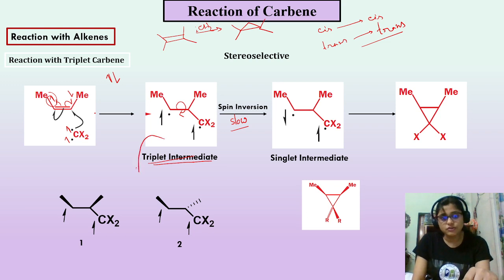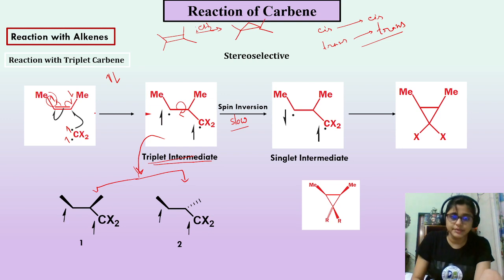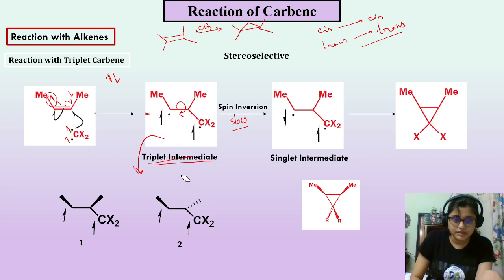Due to rotation, now, we started with a cis alkene, there are two possibilities for this triplet intermediate. This is possibility number one, and this is two.